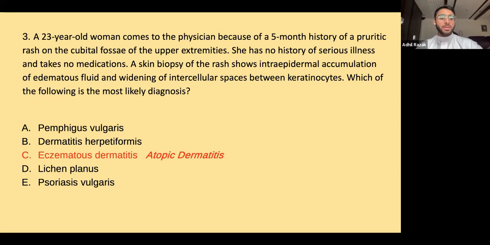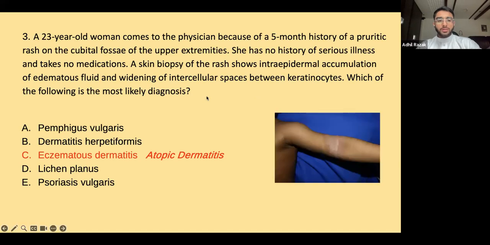And usually atopic dermatitis happens in your flexor surfaces. A skin biopsy showed intraepidermal accumulation of edematous fluid and widening of the intercellular spaces between the keratinocytes. This is describing a process called spongiosis.